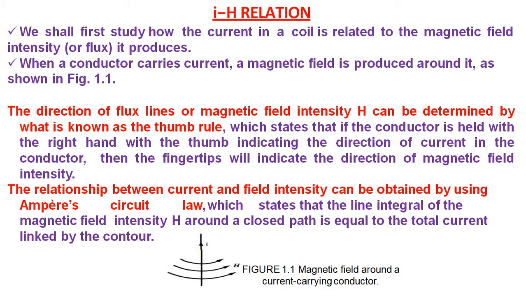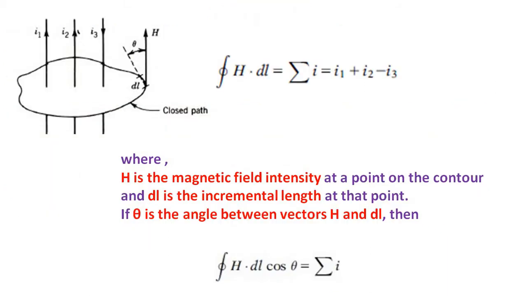The relationship between current and field intensity can be obtained by using Ampere's circuital law, which states that the line integral of magnetic field intensity H around a closed path is equal to the total current linked by the contour. The diagram represents the current directions and the closed path.